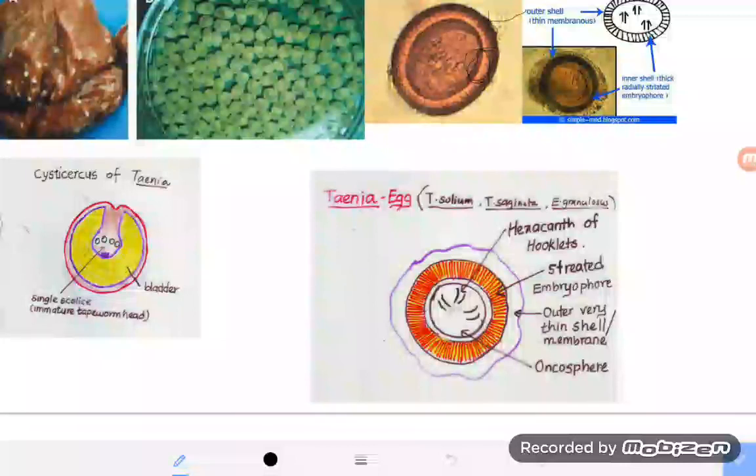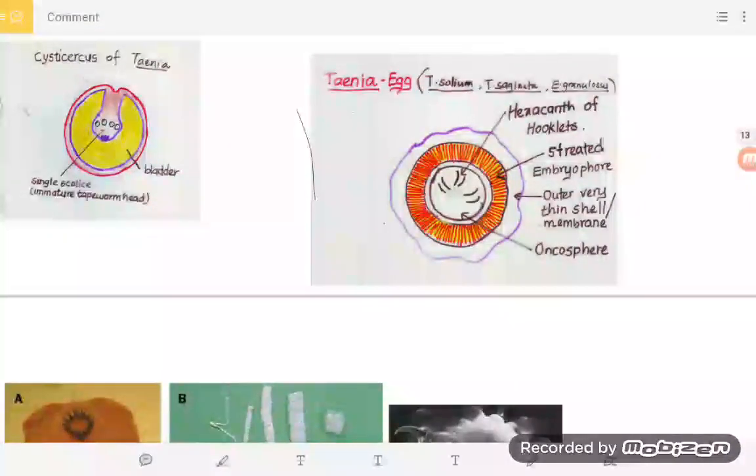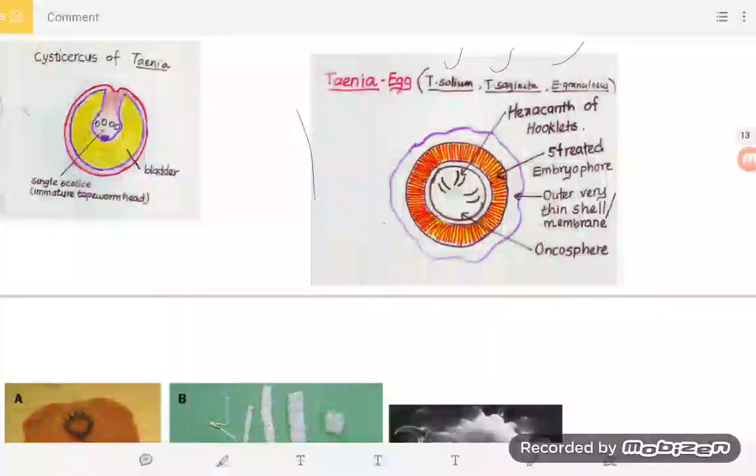The larva contains an immature head part. In the case of Taenia solium, Taenia saginata and Echinococcus granulosus, we cannot differentiate the eggs, as they are morphologically similar.